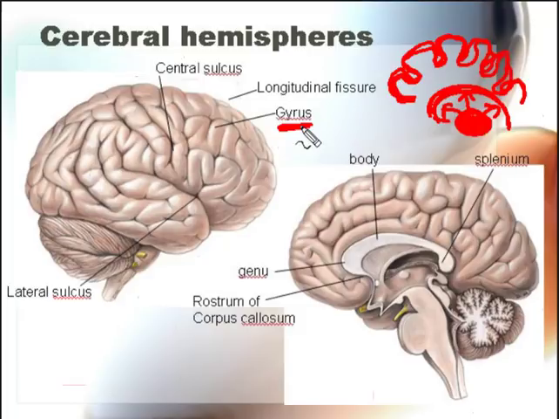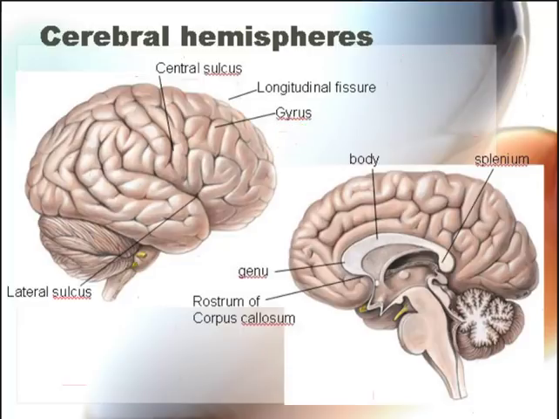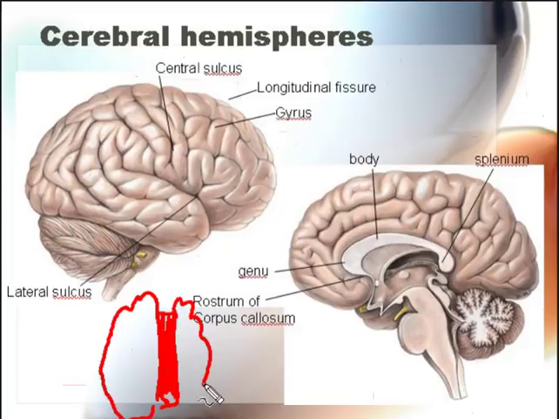Now, while we are on this picture, let's also look at the corpus callosum. When you look at the corpus callosum from the top, it just looks like a band of white matter present here, connecting the two cerebral hemispheres. But when you take a sagittal section, as has been taken over here, you will notice that this corpus callosum has different parts to it.